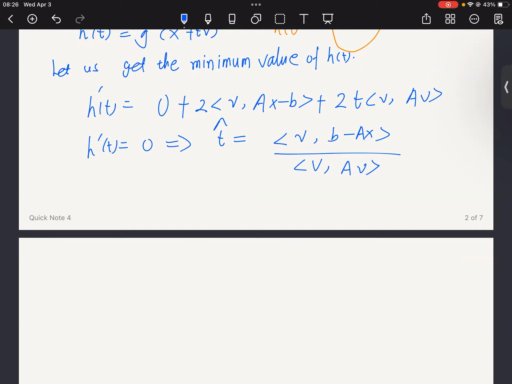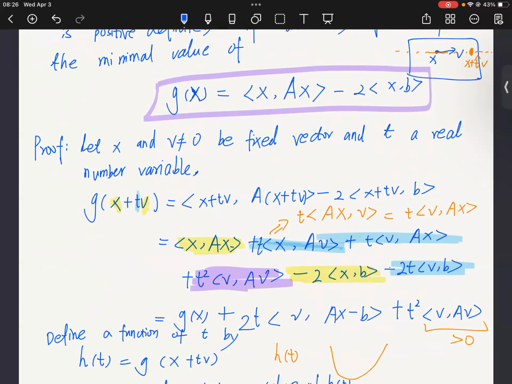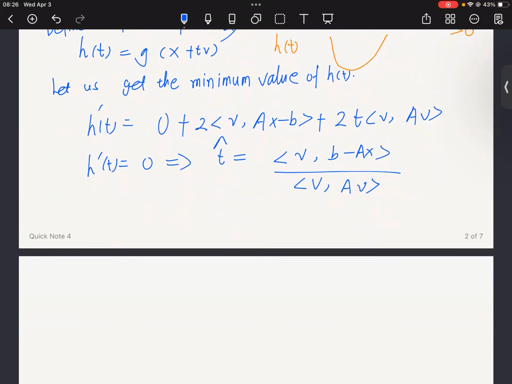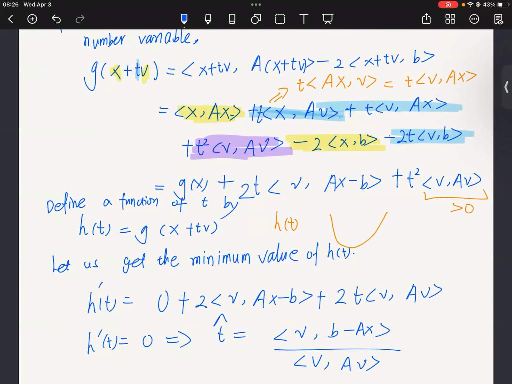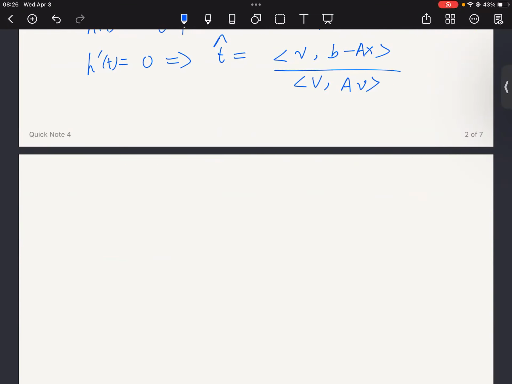But next we are going to prove the whole theorem. In the theorem we are saying that Ax equals b if and only if x star produces the minimal value. So let's take a look at the second part of the proof. This is just the minimal value along this line. We have a t hat, so let's substitute t hat back into the h(t) function.